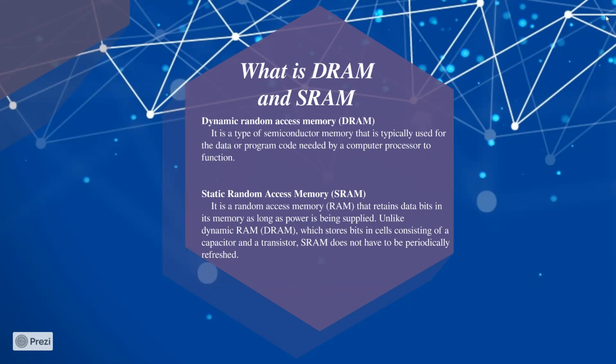Now the static random access memory, SRAM. It is a random access memory, RAM, that retains data bits in its memory as long as power is being supplied. Unlike dynamic RAM, DRAM, which stores bits in cells consisting of a capacitor and a transistor, SRAM does not have to be periodically refreshed.